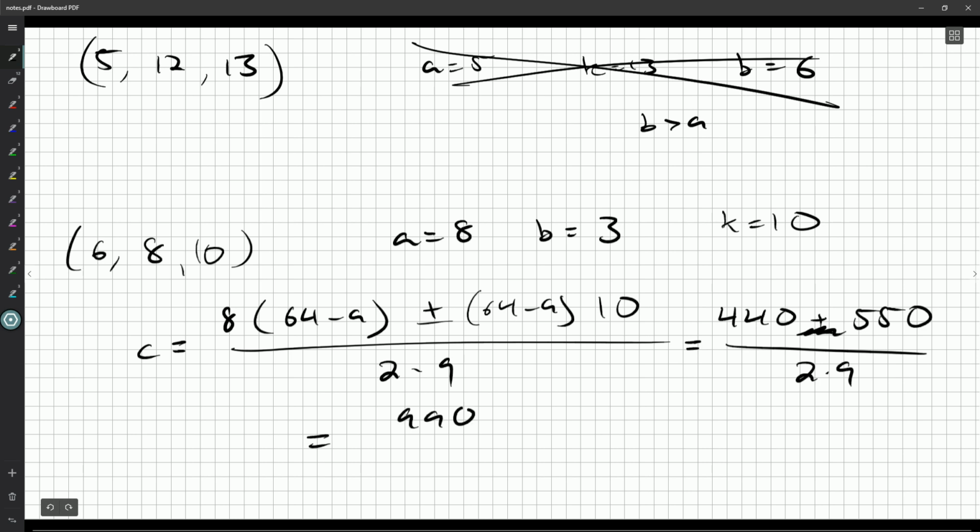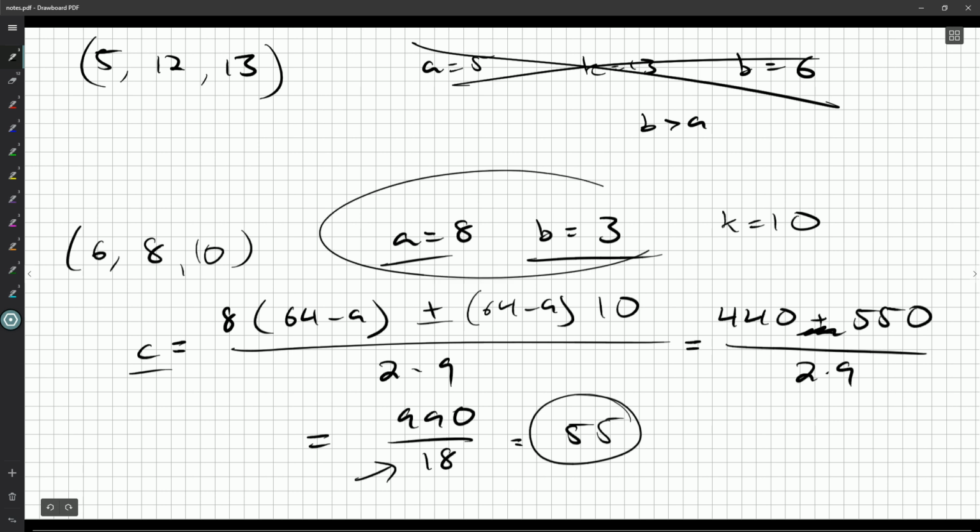So we'll have 990 over 18. Divide by, so you'll get C is 55. But that's way too big. So it looks like if I scale up 3, 4, 5 triangles, I still can get a solution. I don't have to worry about this 2B squared here, but the C is growing much, much bigger than the A and the B.